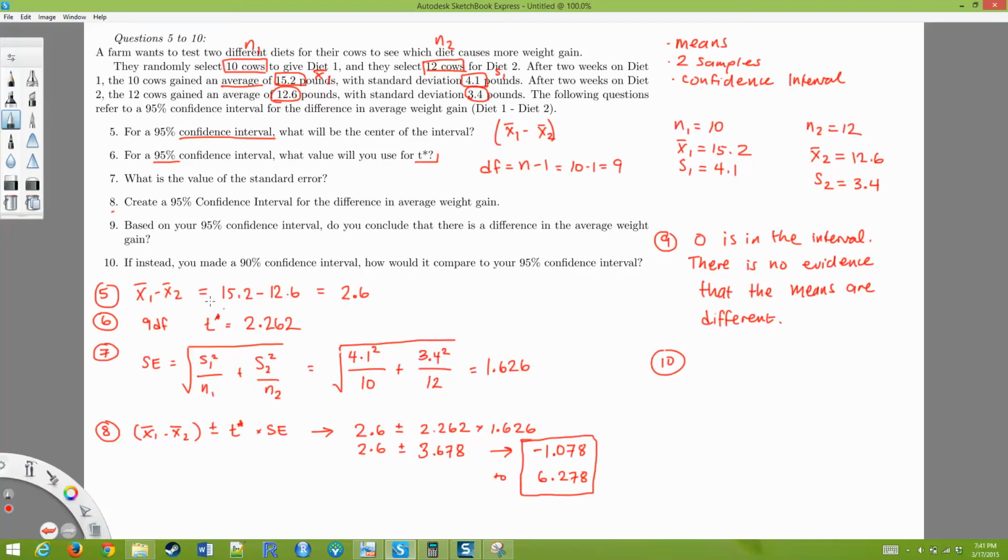And lastly, number 10, if we had made a 90% confidence interval, how would it compare to your 95% confidence interval? What would happen? The only thing that would change is my choice of t star. Okay, so only t star would change.